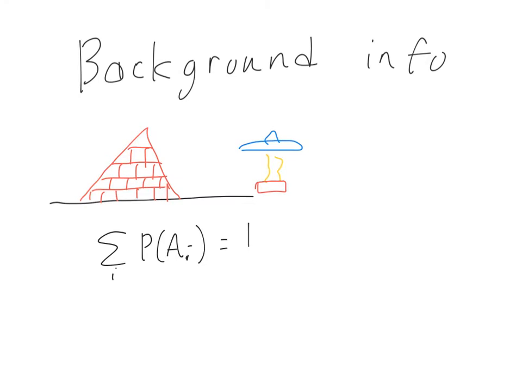So if we were to just completely delete all of our background information and say these are the 4 different hypotheses, then we might say each probability is equal. So we have 4 different possibilities, all of them equal.